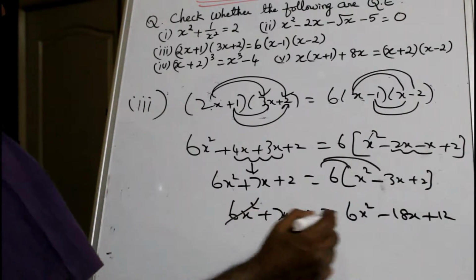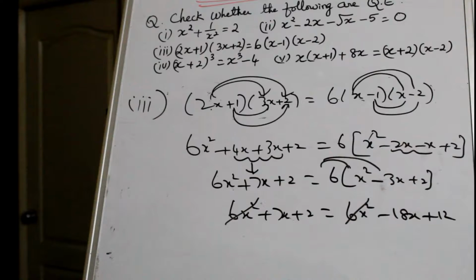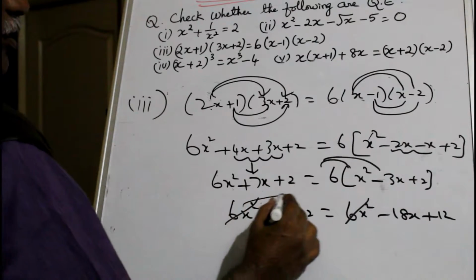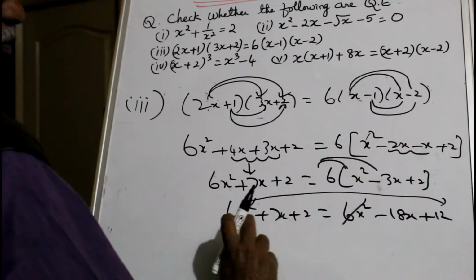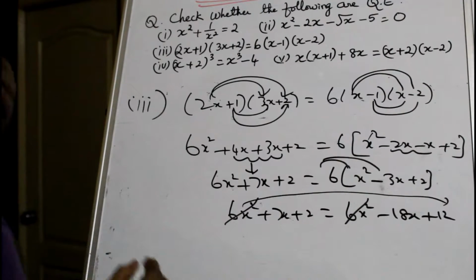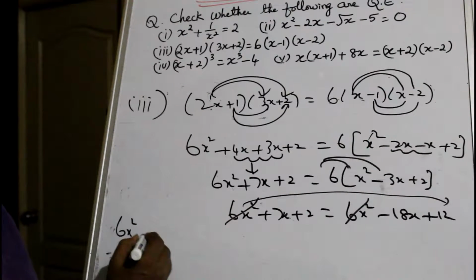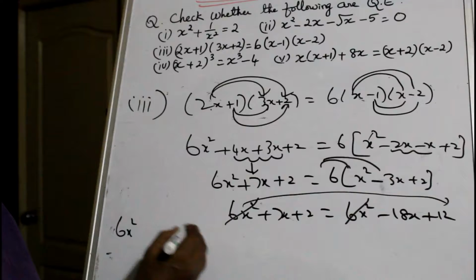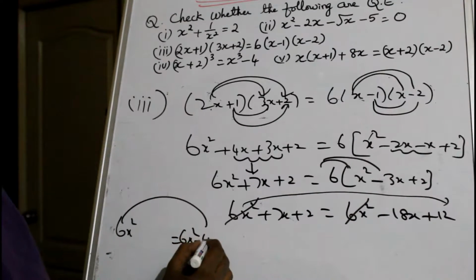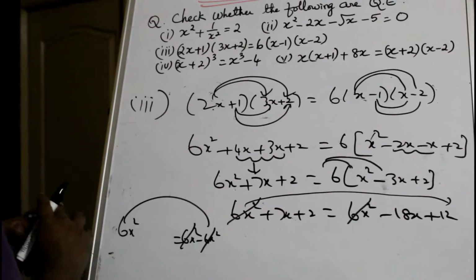Now 6x square will get cancelled because they are the same terms. The 6x square will go that side and become minus 6x square and get cancelled.